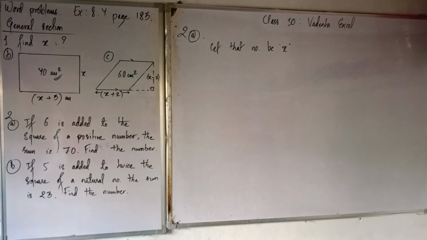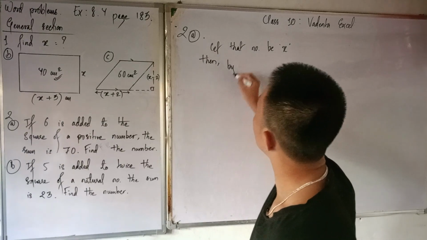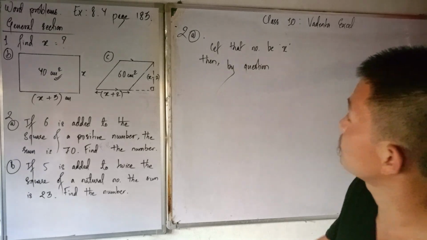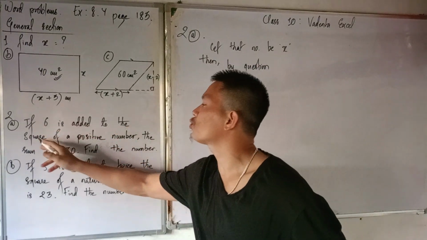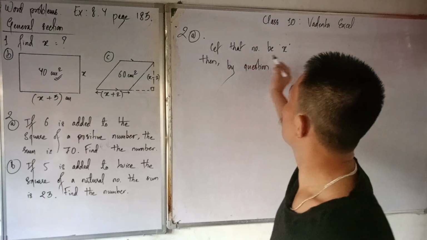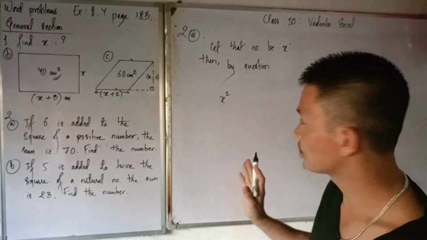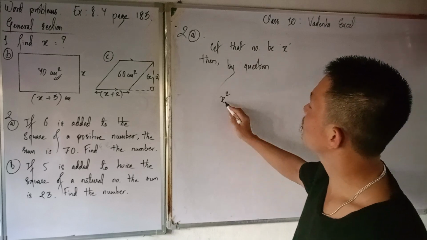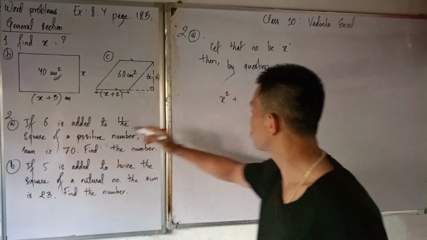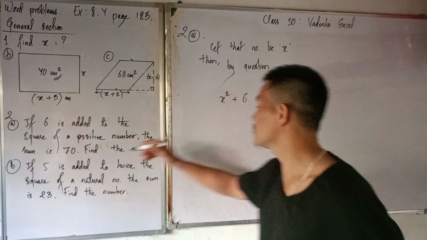So let that number be x, then according to the question, if 6 is added to the square of a positive number, we do the square of this number, x, and add 6 to the square of this number, then the sum is 70.